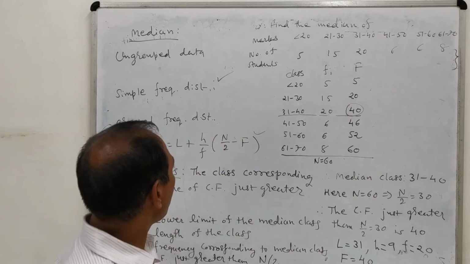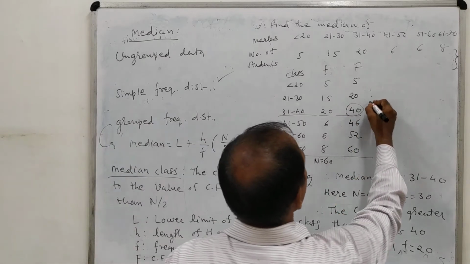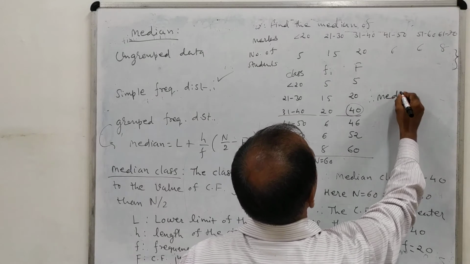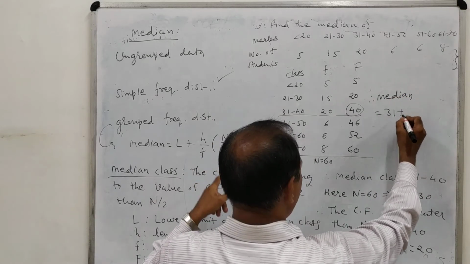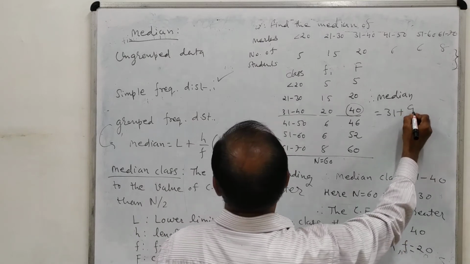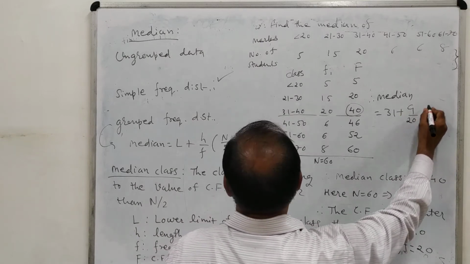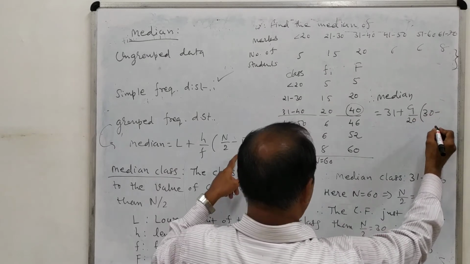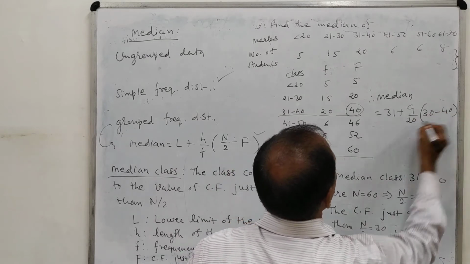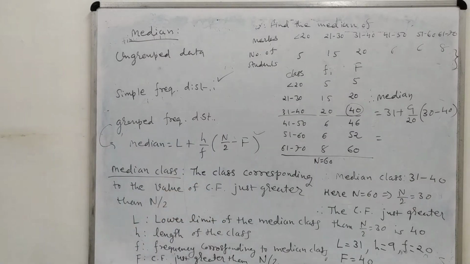Okay. Therefore, we have median equal to capital L 31 plus H is 9 upon f is 20 into N by 2. N by 2 is 30, we have already calculated, and minus capital F, that is 40. So if you calculate this by using the calculator, then you can find the answer.